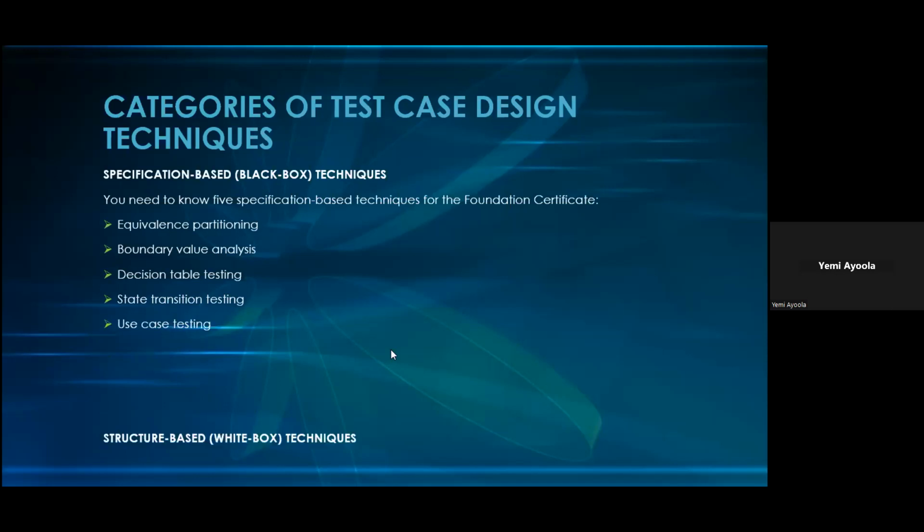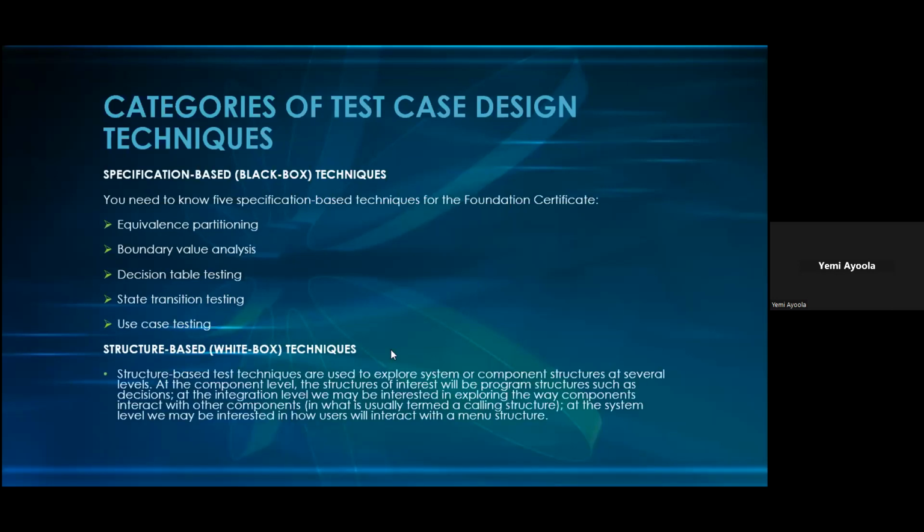Don't worry. Then the next one we're talking about is structure based, which is white box technique. Don't worry, I'm still going to explain it to you. But just scratching the surface, structure based testing techniques are used to explore the system or component structures at several levels.